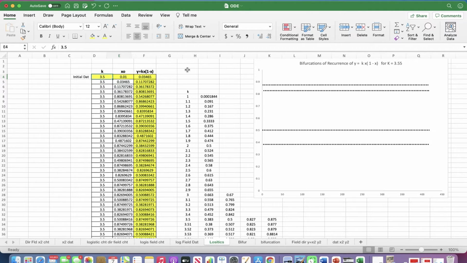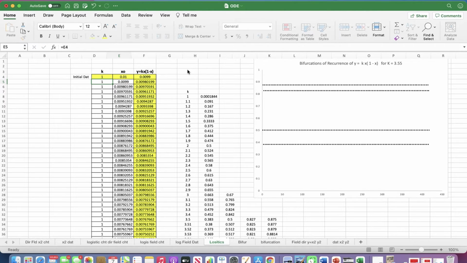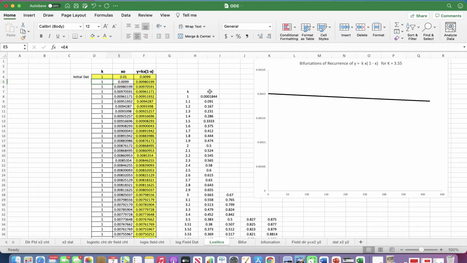So for k equals 1, for x naught equals 0.1, you can see it's not exactly flat, but it's flattening out. And if I went, let's say, 10,000 iterations, it would flatten out to a given number, and it wouldn't deviate from that point.